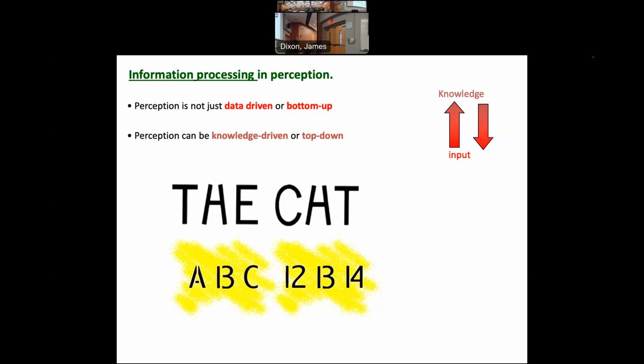So this is very consistent with the constructionist interpretation. Remember, this is the Helmholtzian stuff where we're trying to get the best solution given the data. Well, the best solution now isn't just given the data, it's given what I know. Okay, so very much in the constructionist way of thinking.